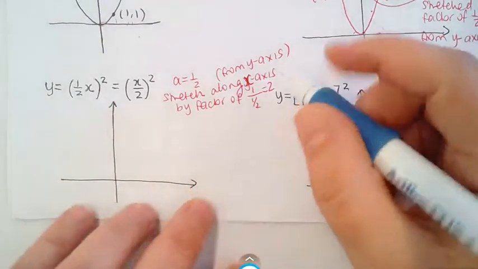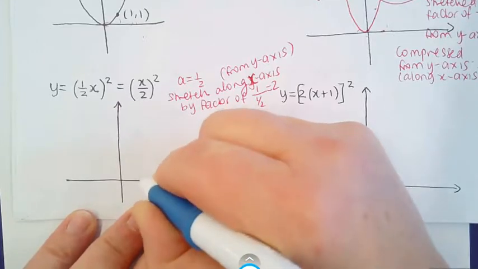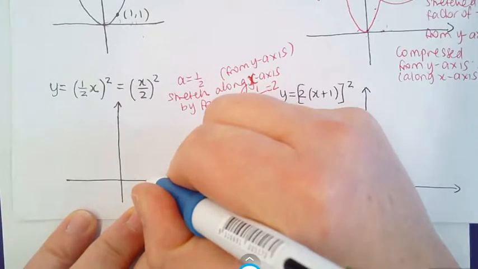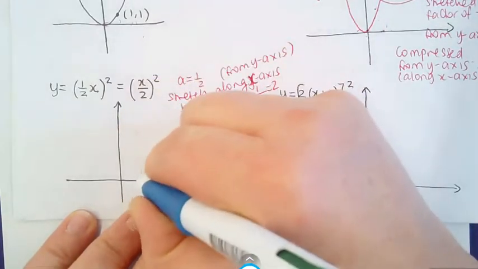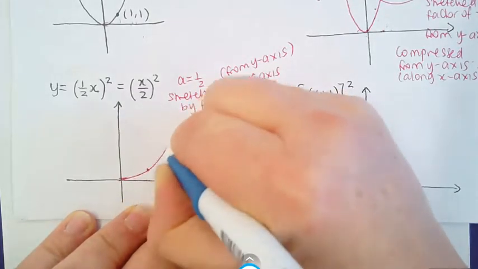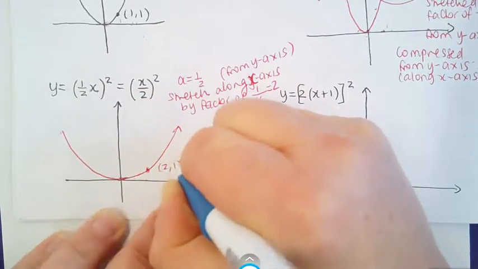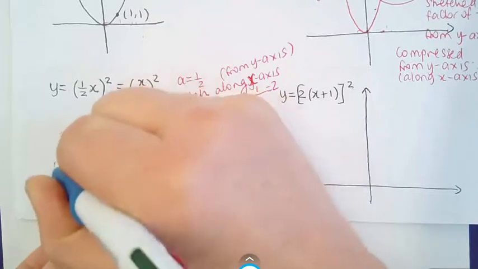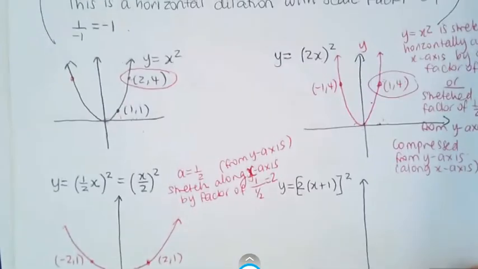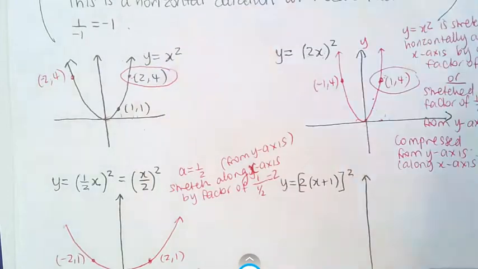All right? So give me a value. 1 is a half, isn't it? What's when x is 2? What do you get? Yes. 1, 2, 1. Here we go. 2, 1. That would be -2, 1. And in the original one up here, we would have had -2, 4 and 2, 4.